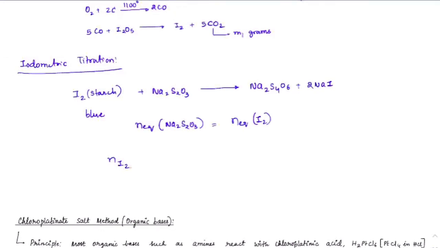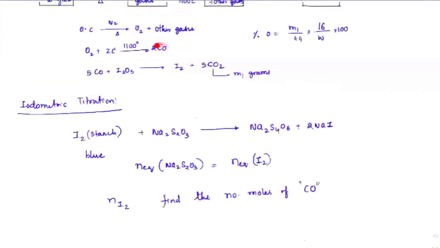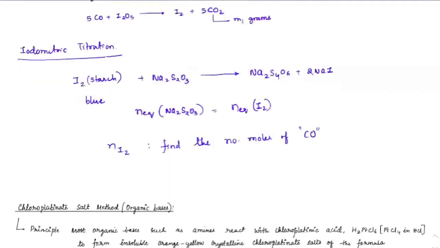Once you get the moles, go back to this equation and calculate the number of moles of carbon monoxide which has formed. Once you get the number of moles of carbon monoxide, you know the weight of oxygen present in it.